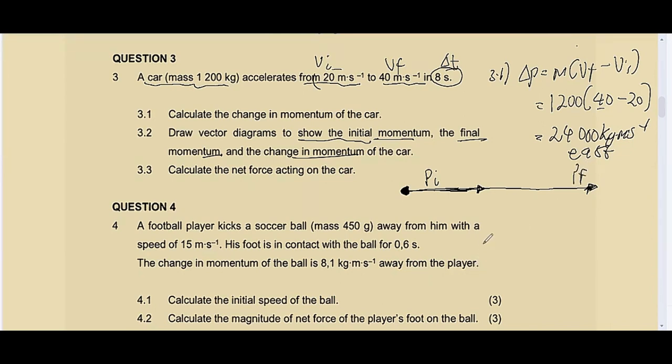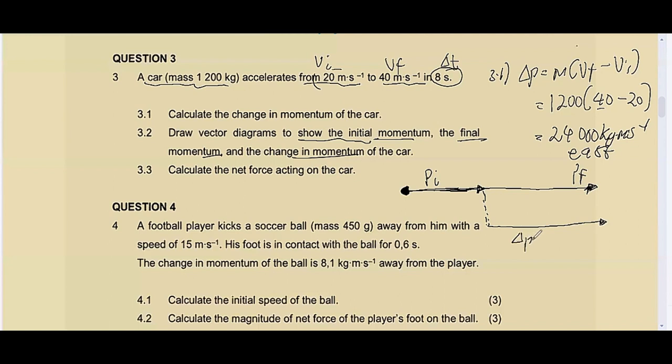Now, how will we indicate our change in momentum? You do understand that our change in momentum begins from the head of the initial momentum. Because this is going in the same direction, but it is accelerating, we need to indicate that it is in the same direction as the final momentum, like that.